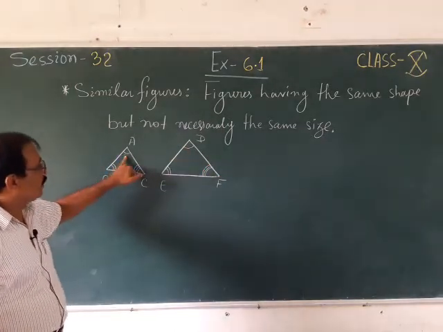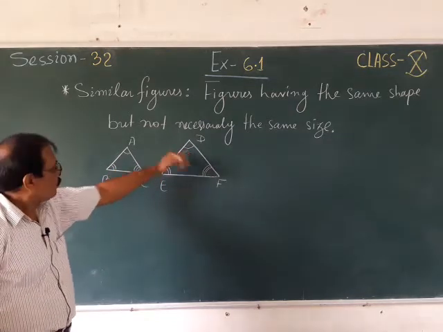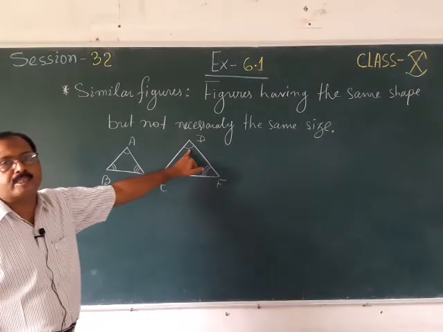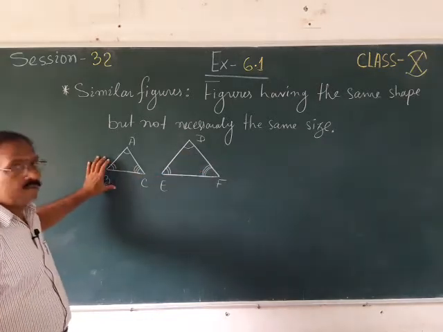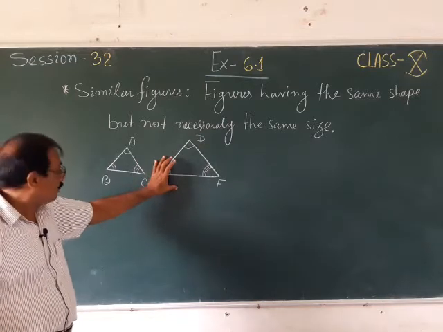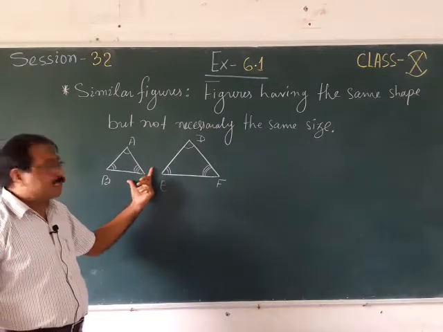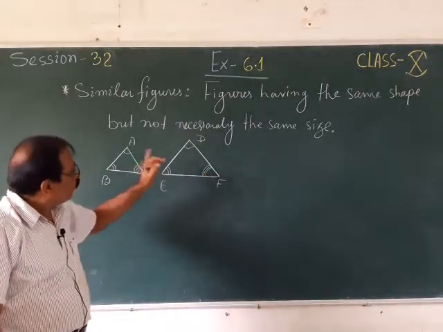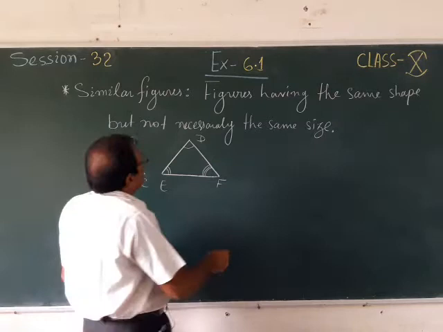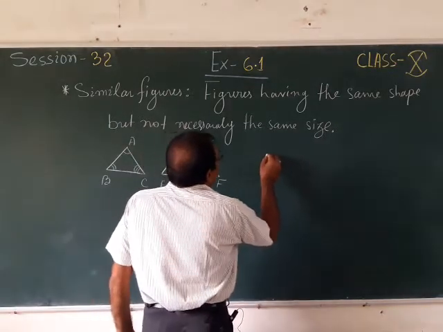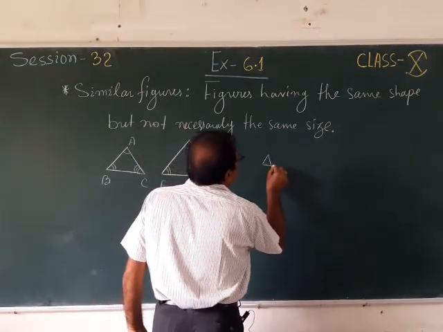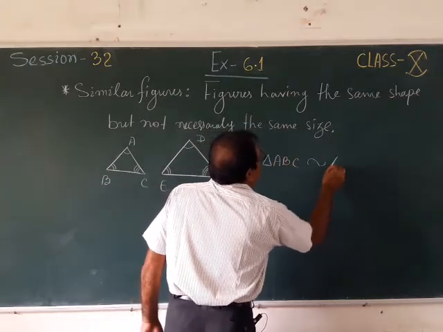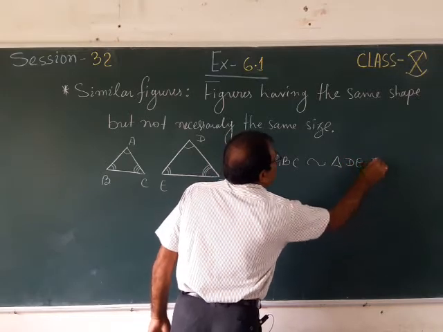Angle A corresponds to angle D. The measure of angle A is equal to the measure of angle D, the measure of angle B is equal to the measure of angle E, and the measure of angle C is equal to the measure of angle F. That means both these triangles are similar, and I can use one symbol there: triangle ABC is similar to triangle DEF.